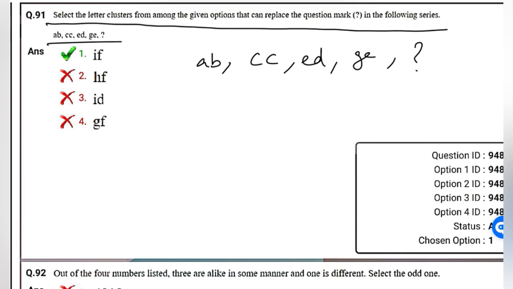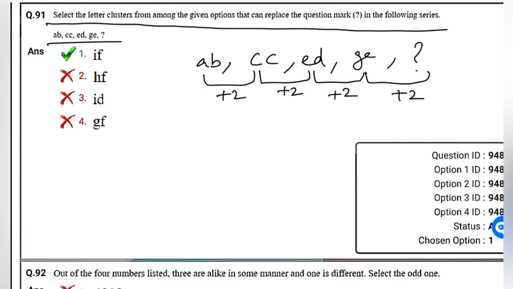Here the logic followed is A plus 2 is C, C plus 2 is E, and E plus 2 is G. Similarly, G plus 2 is I, and here B plus 1 is C, C plus 1 is D, D plus 1 is E. Similarly, E plus 1 is F. So the answer is IF.